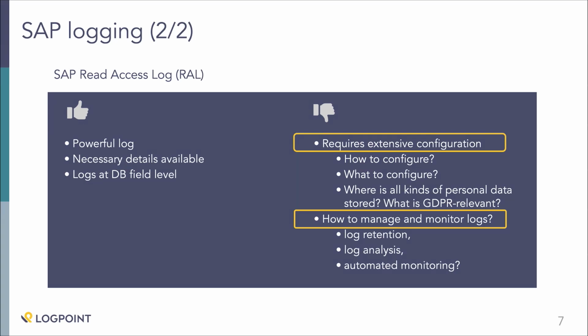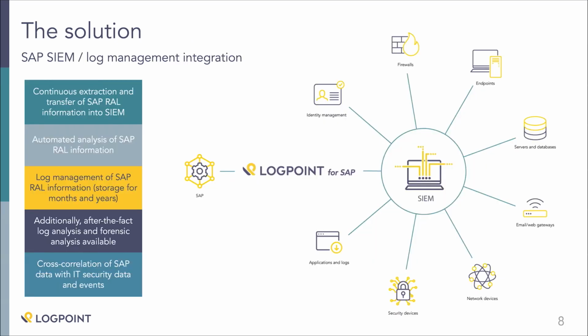The solution is that SAP needs to be monitored in a SIEM, and all relevant information needs to be sent to a SIEM system. With the help of LogPoint for SAP, we continuously extract and transfer the SAP read access log information into the SIEM. In the SIEM, automated analysis of SAP read access log information is possible.